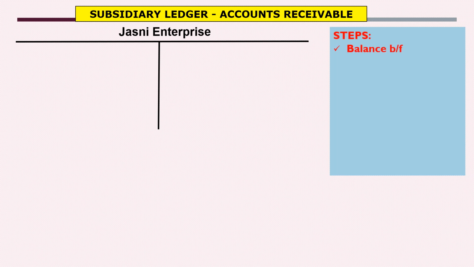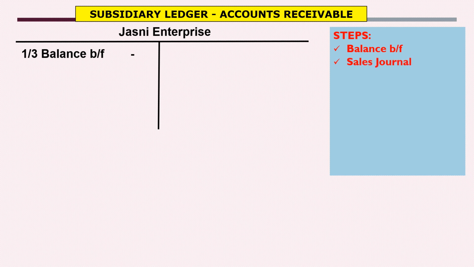Firstly, write down the balance brought forward at the debit side. In this question, there is no balance brought forward. So just write down the date, 1st March, balance brought forward, dash. We put the balance brought forward at the debit side because accounts receivable is under assets.